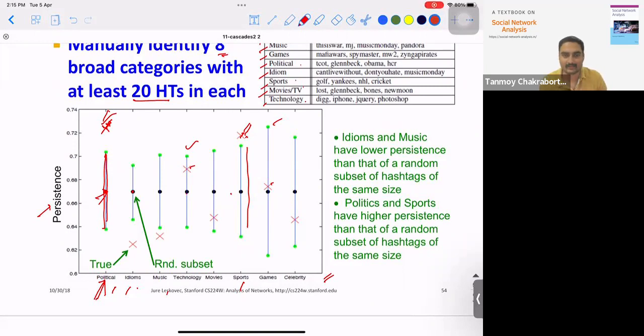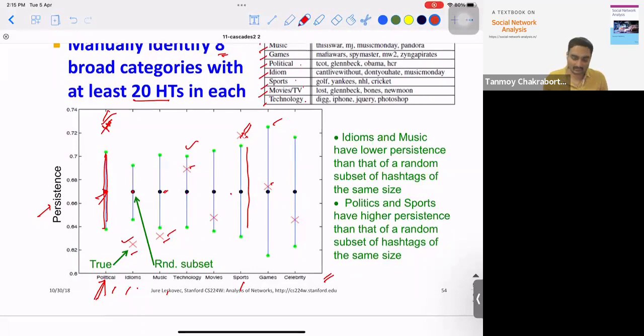Okay, meaning that at least one such random setting has been able to capture the real event. On the other hand, events like idiom and music, the values are much lesser than the mean persistence value of the random part.